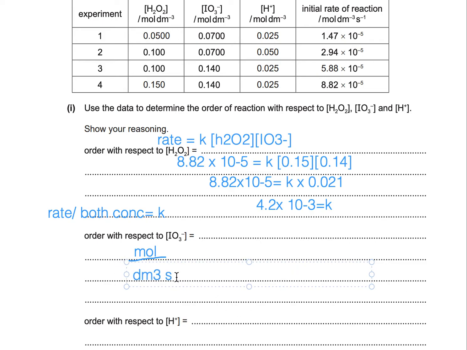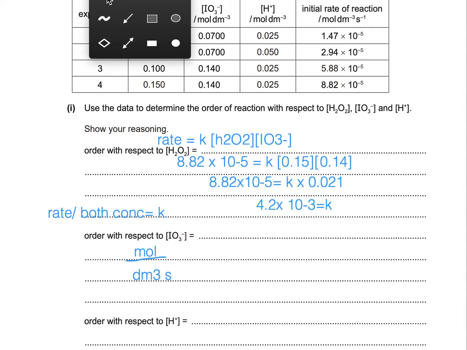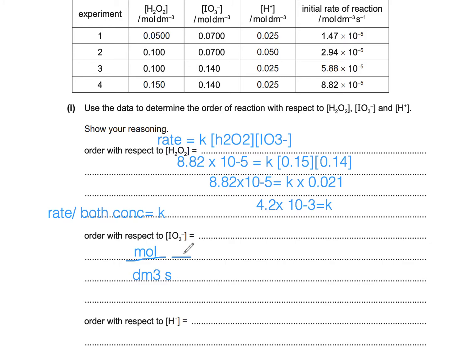This is 1 second, so we don't write 1 over here. These are the units for rate, and it should be divided by both concentrations. So now we put a dividing sign over here, and we multiply both of the concentrations.